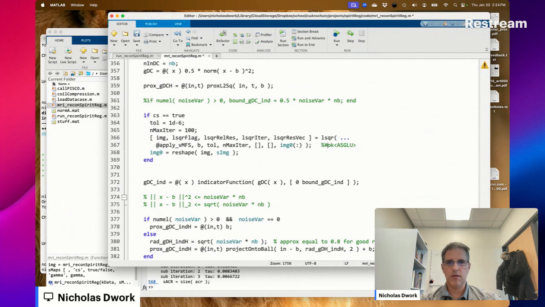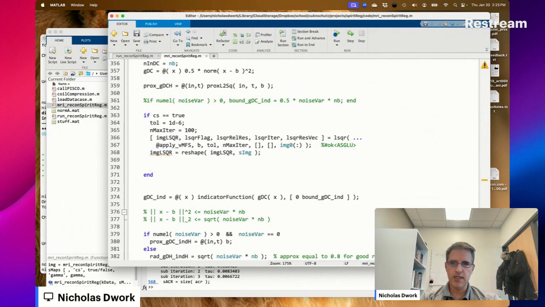Now we're going to solve the problem with LSQR using only the data we collected. Okay, so we've done least squares reconstruction.